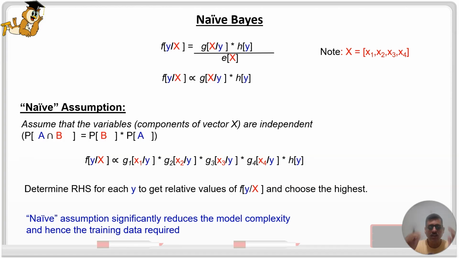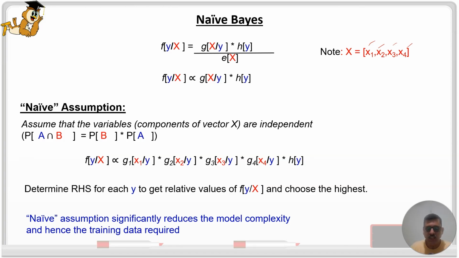Now, the naive assumption, though it is born out of our essential lack of knowledge, lack of insight into how these components of x are related, therefore we say that we'll make the assumption that they are independent, right?